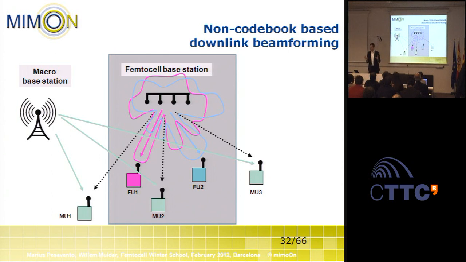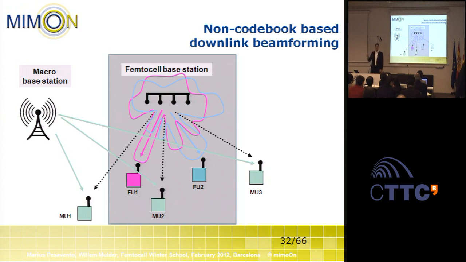So the capability of reducing interference among the users in the system is very limited. In the following we will look at different MIMO schemes in LTE that have been recently introduced, which are based on non-codebook-based downlink beamforming.